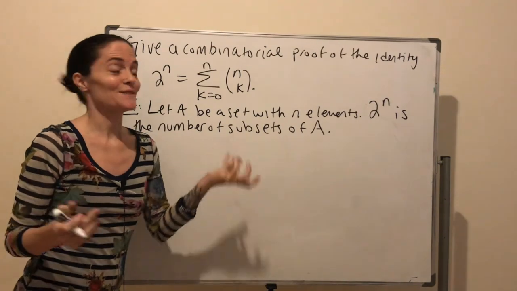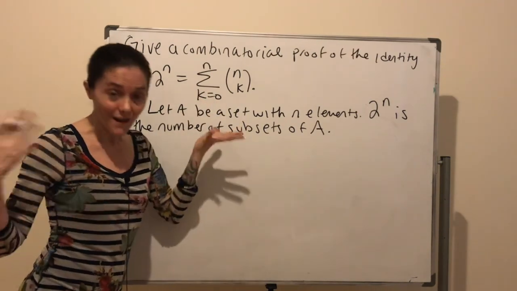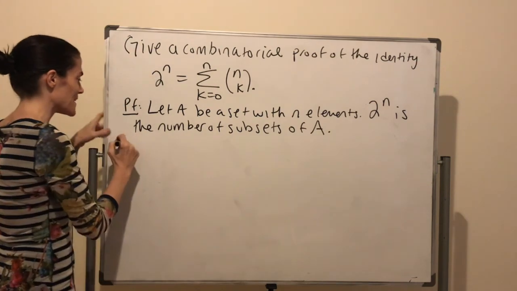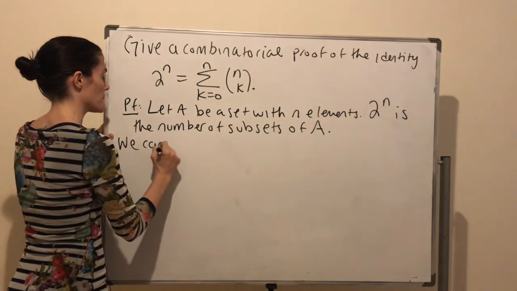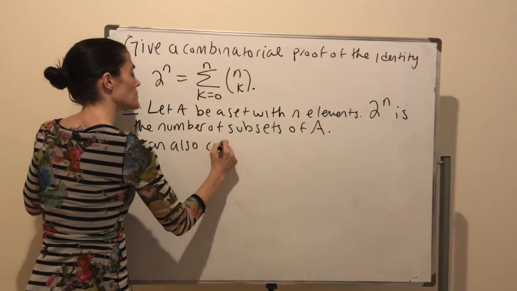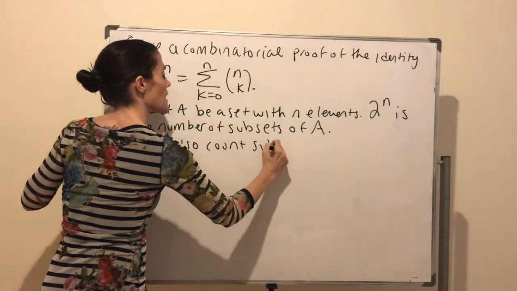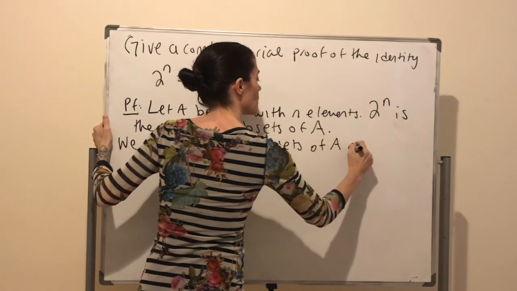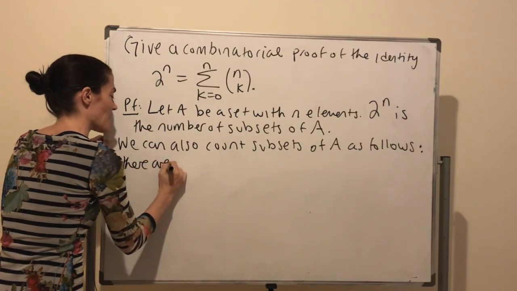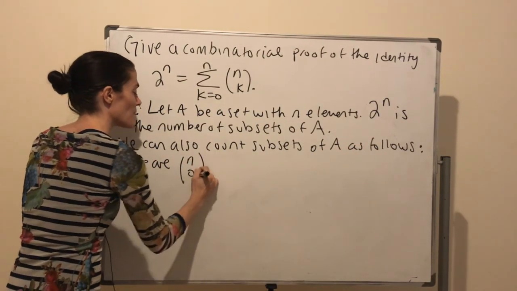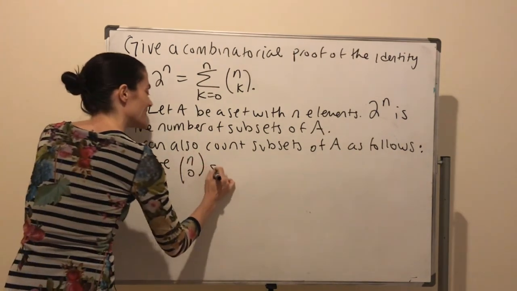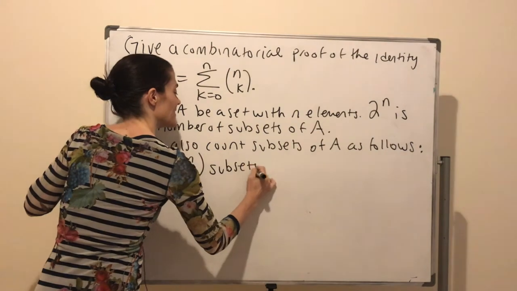We need to show that the right-hand side also counts the number of subsets of A. So here we go. We can also count subsets of A as follows. There are n choose 0 subsets of A with cardinality 0.